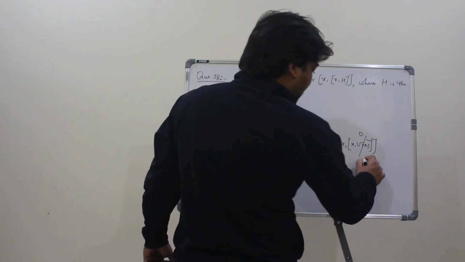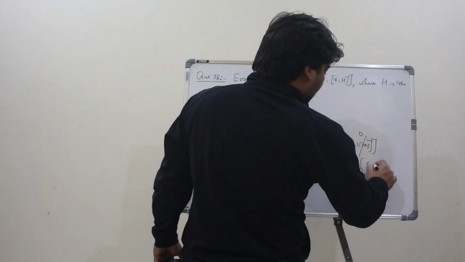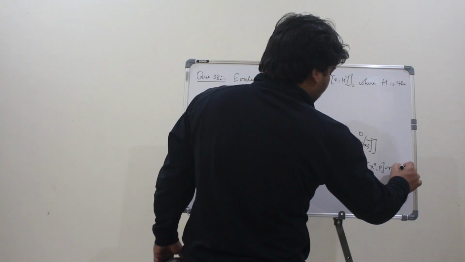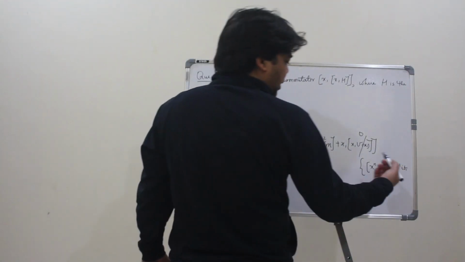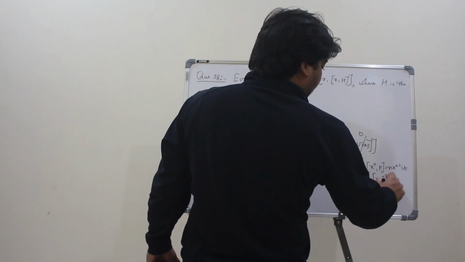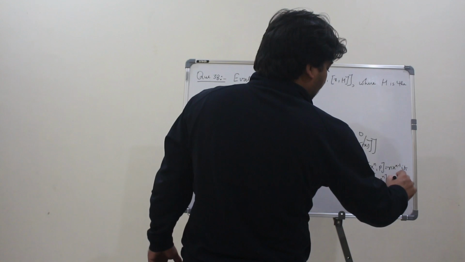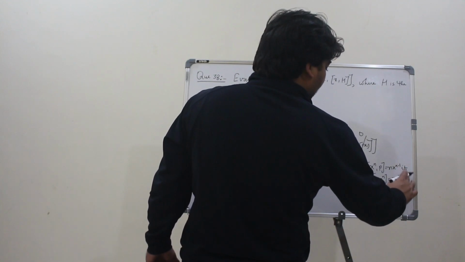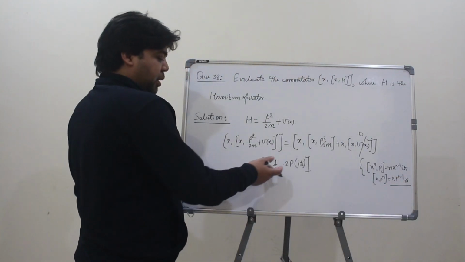There is a simple formula: the commutator of x with p to the power n equals n p to the power n minus 1 times i h cut, and it is vice versa. So this formula is what we are applying here.